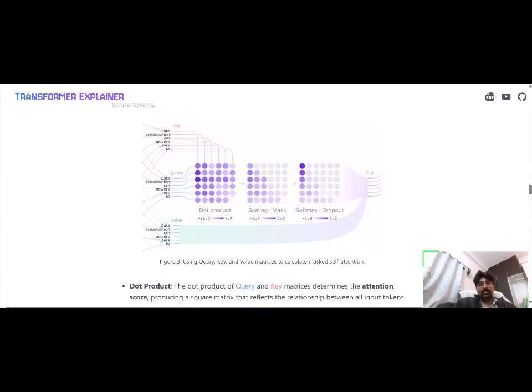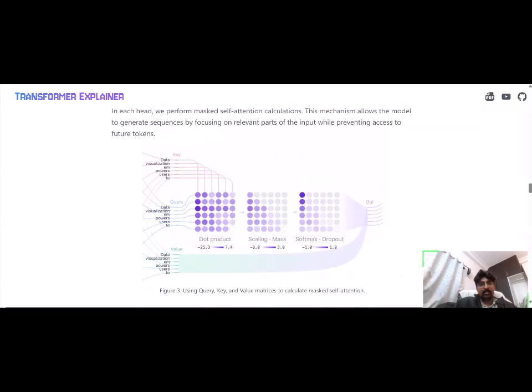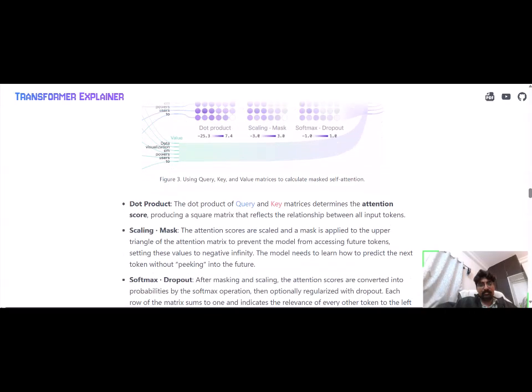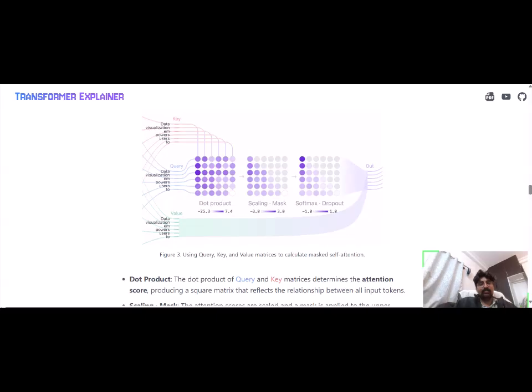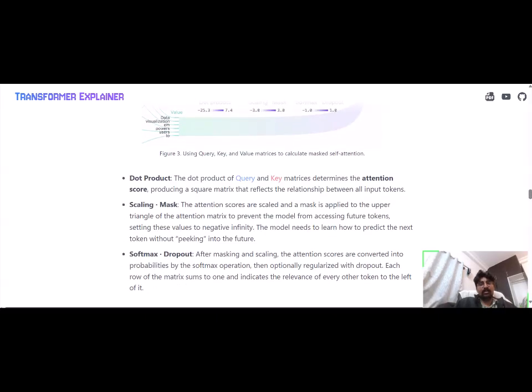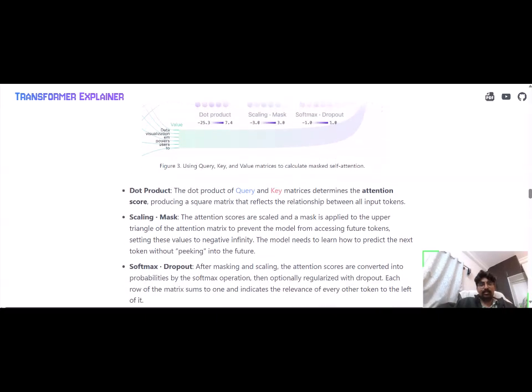Key and query go through a dot product, and then we do scaling and masking, and finally softmax. For regularization we apply dropout, and the output is fed to the final output. So this is called one pass.